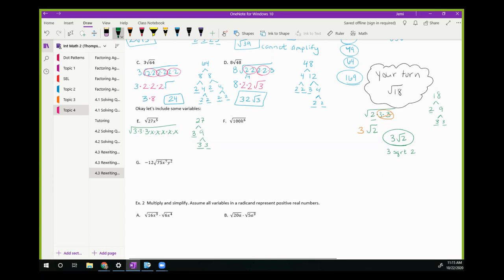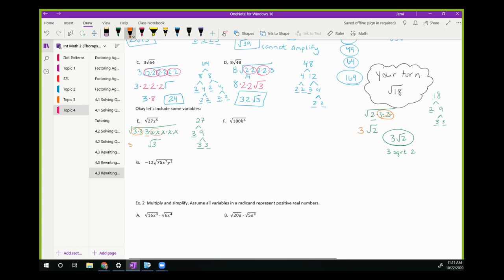So I'm going to go through and look for pairs again. I have a pair of 3s. 3 times 3 is 9. What's the square root of 9? 3. So basically I have a pair. When I take the square root, I take one out. Here's a 3. It has no partner, so it stays inside.